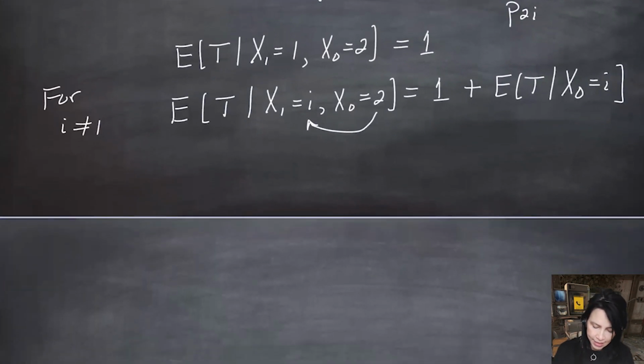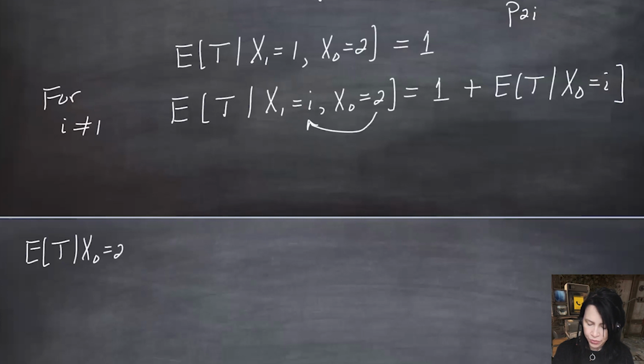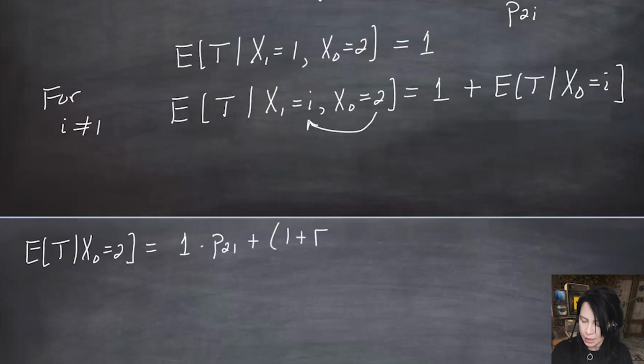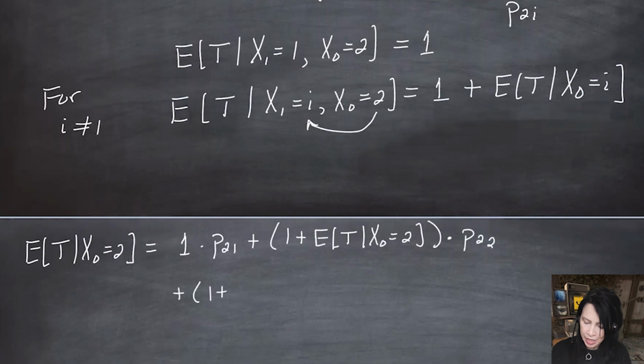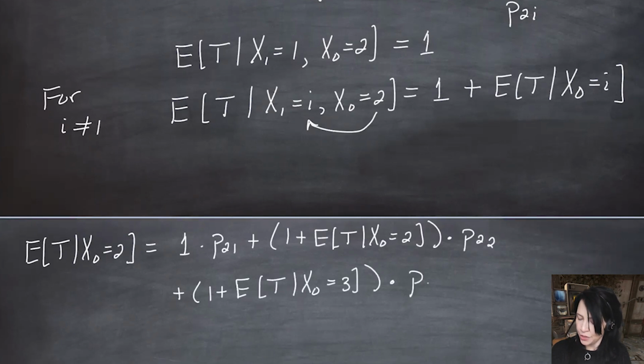And what we have is that the expected value of t given x0 is 2 is equal to 1 times p to 1 plus 1 plus the expected value of t given x0 is 2 times p to 2 plus 1 plus the expected value of t given x0 is 3 times p to 3.